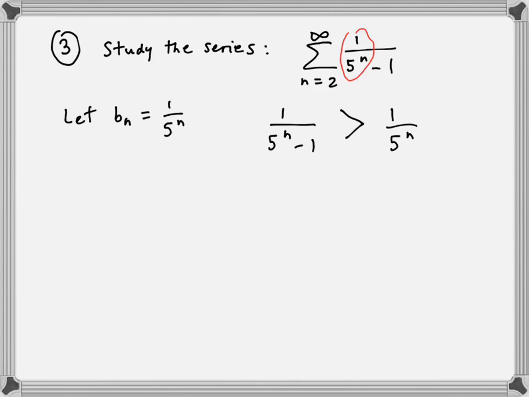Now let's look at 1 over 5 to the n. What kind of series is that? Well, this is clearly a geometric series.